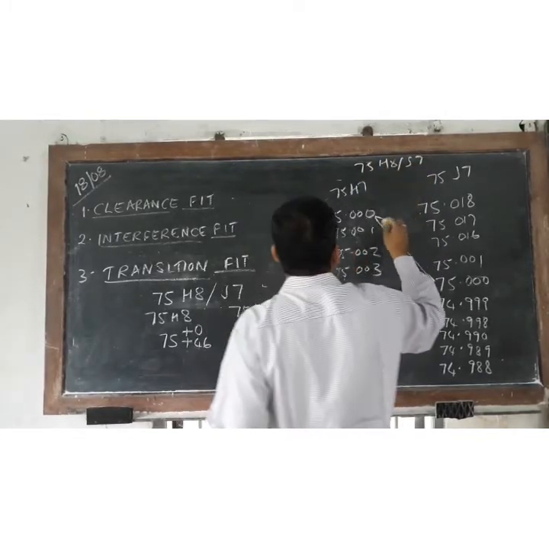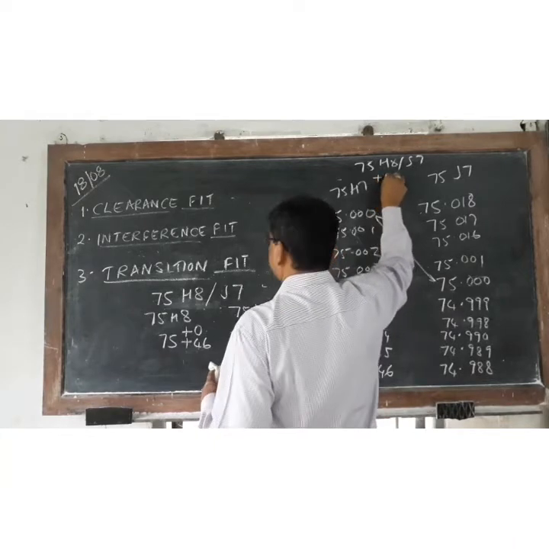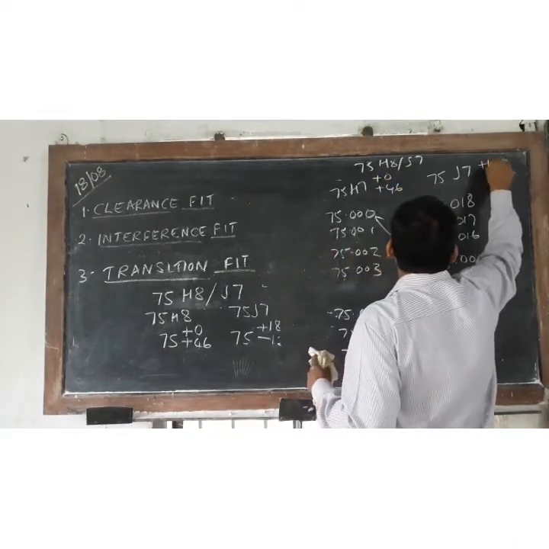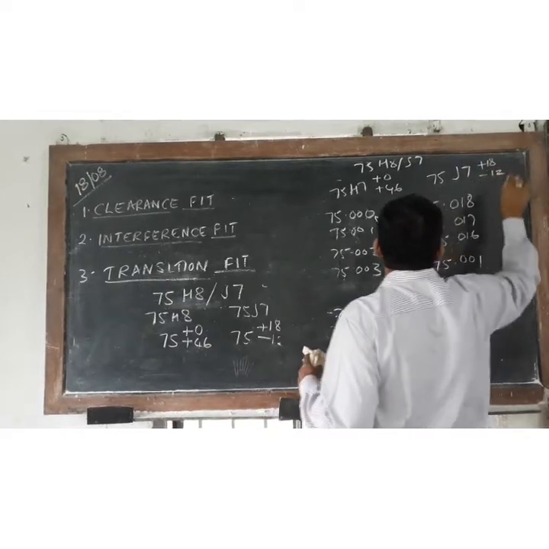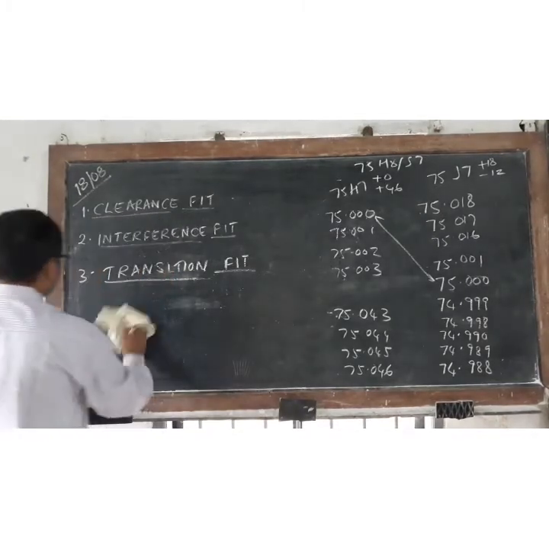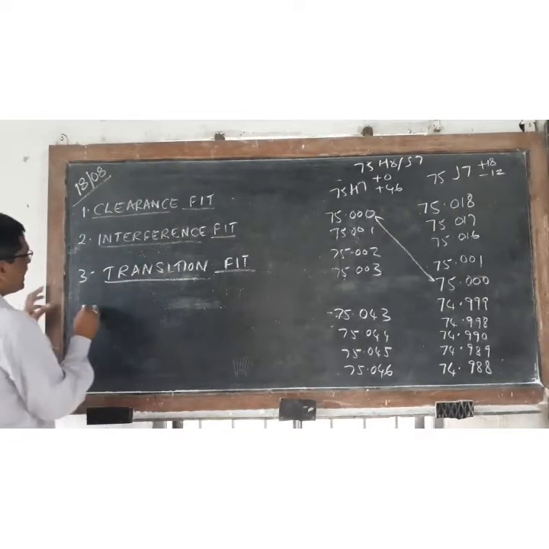Okay. So 75 here, plus 0, plus 46. Here plus 18, minus 12. Okay, minus 12. Now it's a maximum clearance.